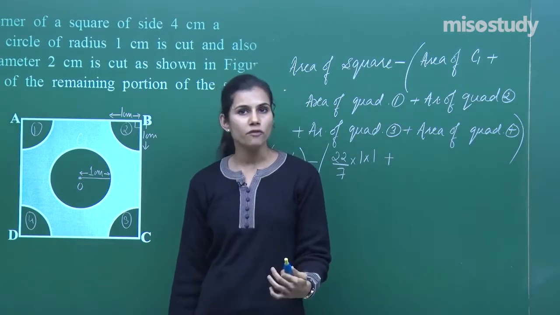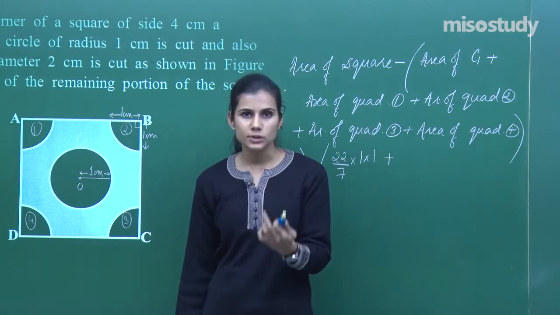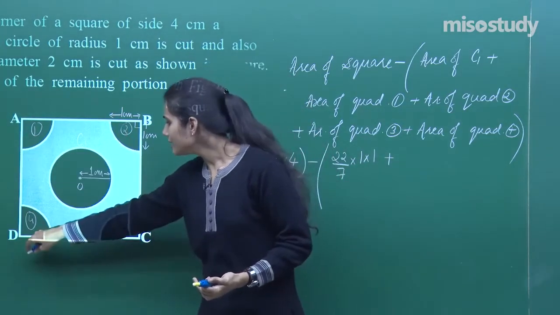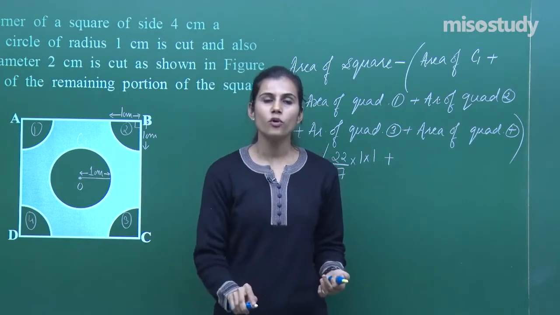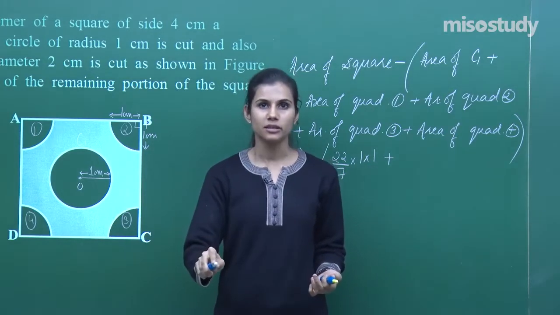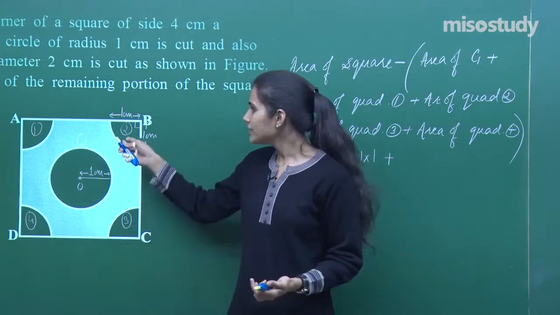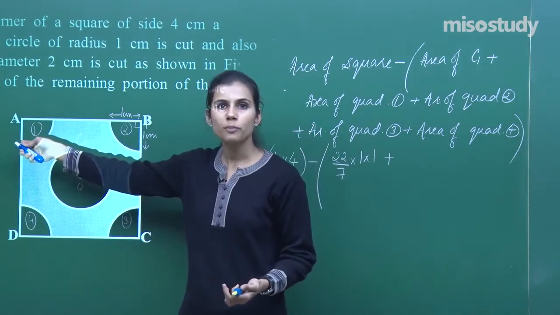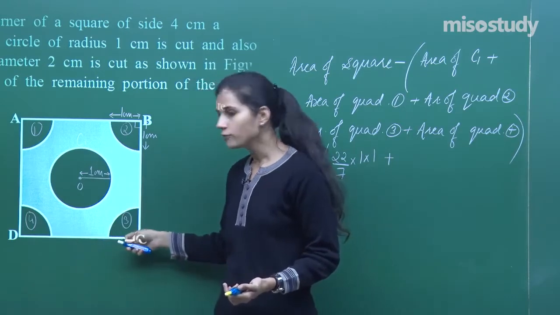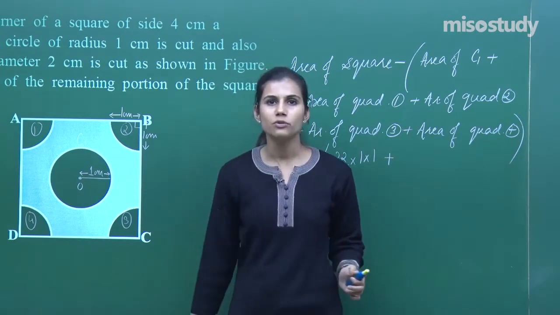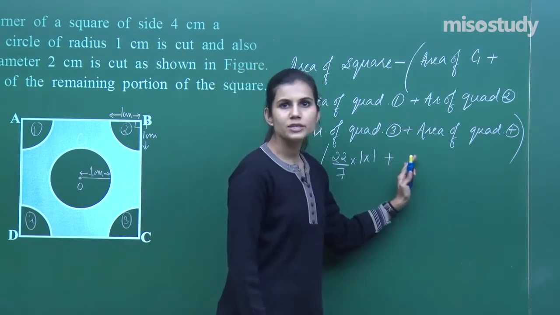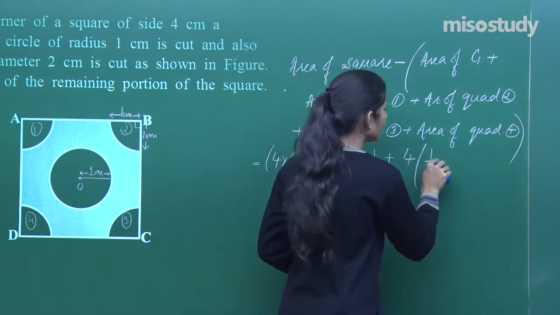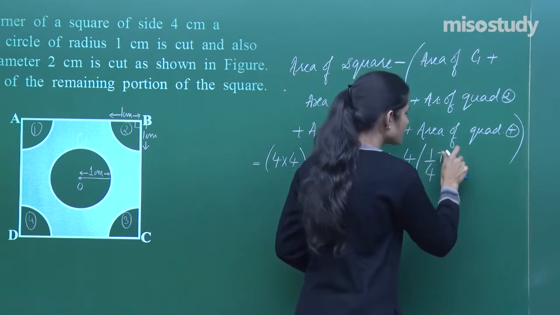So 1/4 of pi r square with r equals 1 is going to be the area of this quadrant, and this also, and this also, and this also, because all 4 are quadrants of the same circle of radius 1 centimeter. So each will have area 1/4 of pi r square, and in each case r will be equal to 1. So I will have 1/4 of pi r square being added with itself 4 times. So I will have 4 times 1/4 of pi r square.